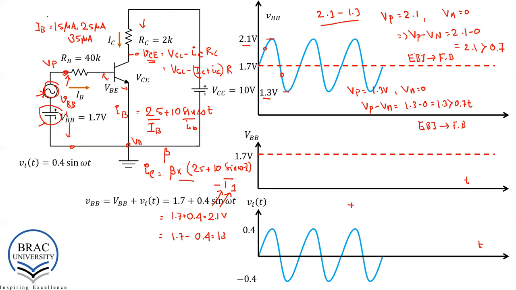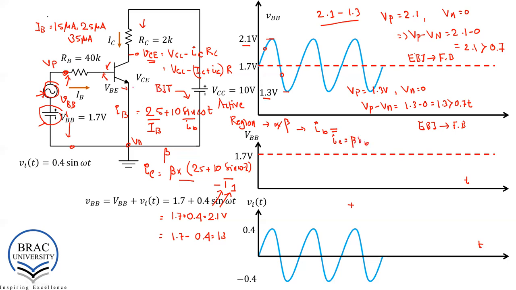Now, if the EBJ is always forward bias and the CBJ is reverse bias, then the BJT is always in the active region. So we know that if the BJT is always in the active region, only then you can use alpha and beta to determine the current. So that means if I know IB, I can determine IC as beta IB.